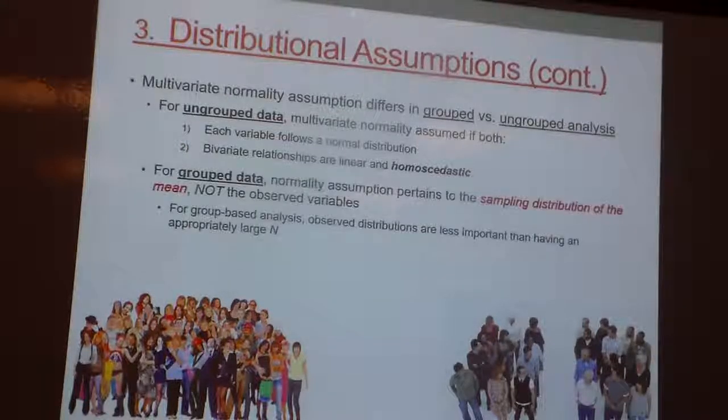Okay. Now for group data, the normality assumption, again going back to stuff that we talked about before, starts to pertain primarily to the sampling distribution, not the actual observed scores. Now, we still have to be concerned about some of these other issues, but for repeated measures ANOVAs and some of these other things, what we're going to be more interested in is having appropriately large cell sizes, versus necessarily our univariate distributions.